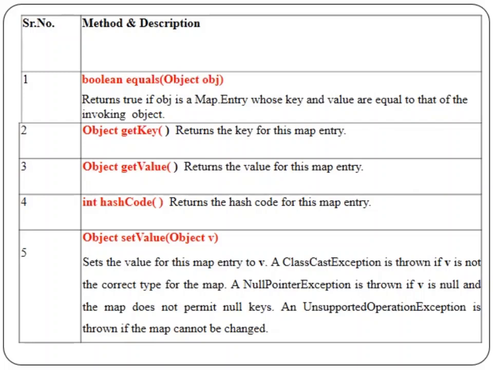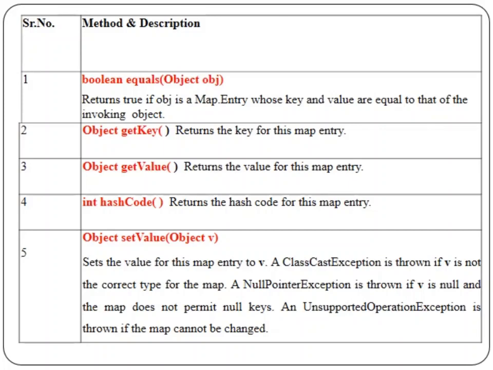Otherwise, it is going to throw an exception such as ClassCastException if the object is not the correct type of the Map interface, and it is going to throw a NullPointerException if you are passing an object v as a null value, and it is also going to throw an UnsupportedOperationException when you're trying to make any change, when it is not possible to make any changes. These are the different methods which are available in the Map.Entry.